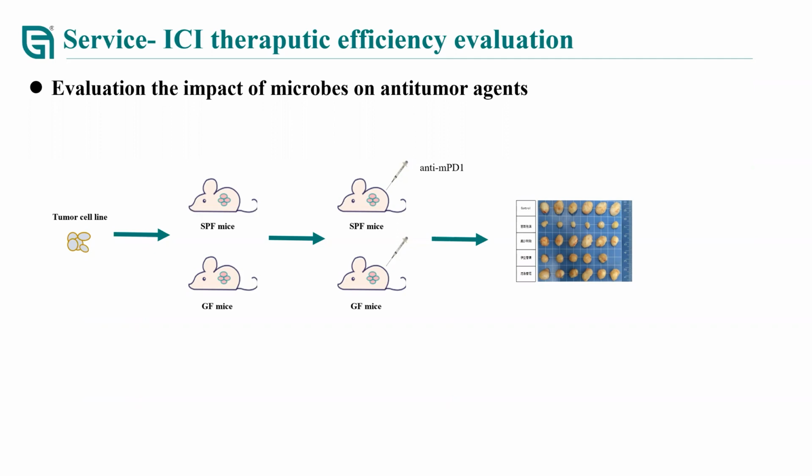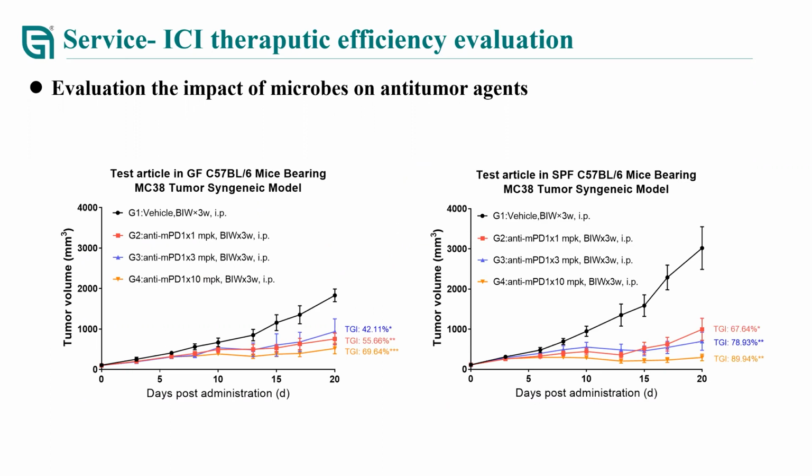After the formation of solid tumors, anti-mouse PD-1 antibody was administered to the mice, and the anti-tumor effect of the antibody was evaluated in GF and SPF mice at the end. The results showed that the anti-tumor effect of anti-mouse PD-1 is less efficient in GF mice, which might be due to the deficiency in adaptive immunity.